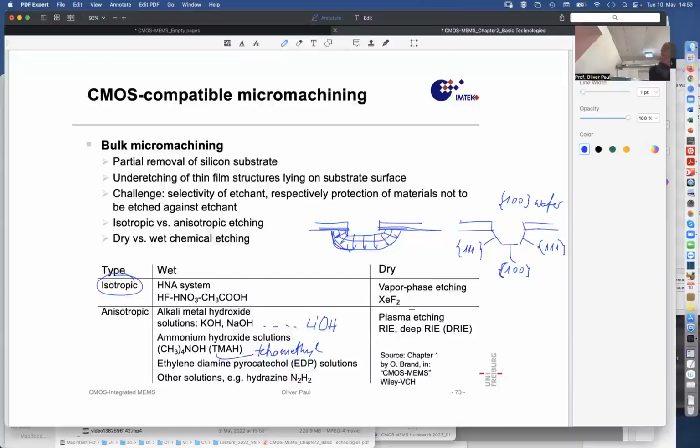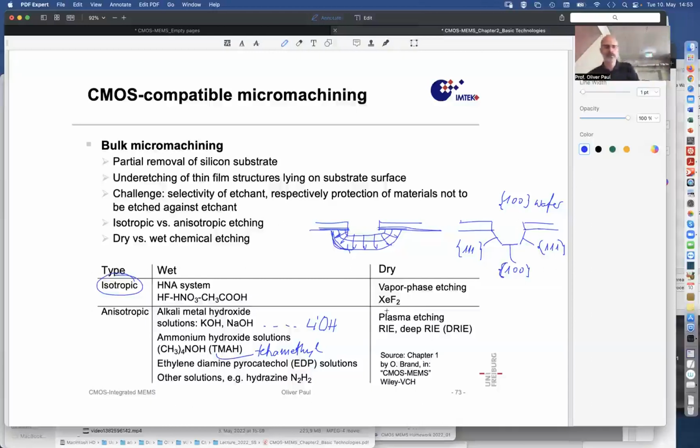So that xenon is actually in a bottle as a solid, but under pressure, and then the vapor, with which the solid is in equilibrium, is allowed to escape from the bottle and flow over the silicon wafer, and there the xenon difluoride will decompose, and the fluorine will much more readily react with the silicon than with the xenon, and then form some silicon fluoride compound that is then eliminated, and therefore we have some microstructuring.